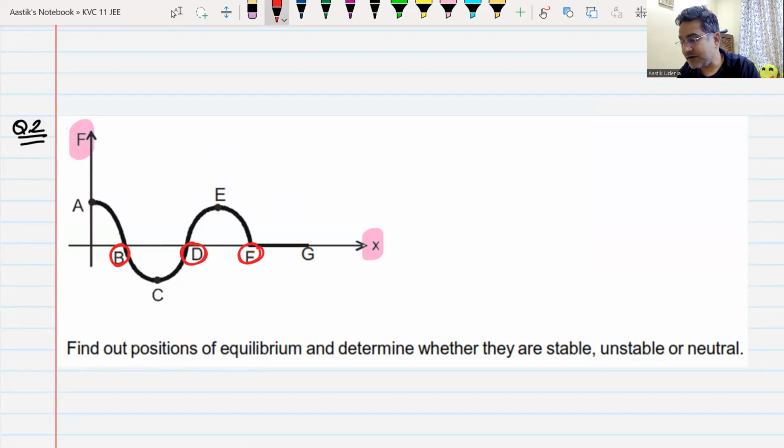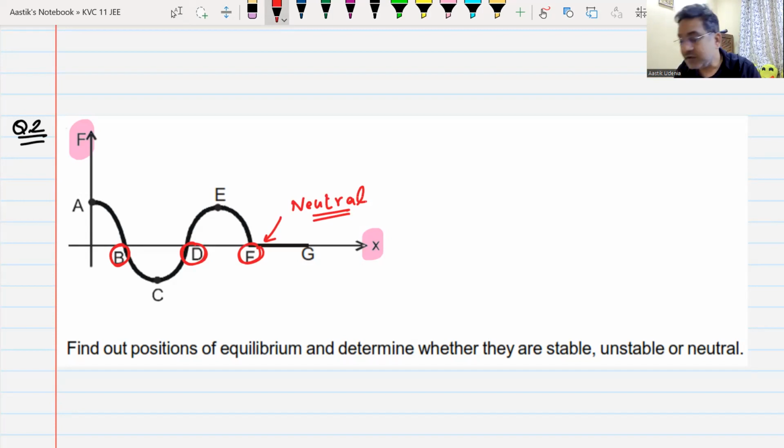Now I will have to find out what type of equilibrium exists at B or D or F. F is very simple. After F, there is no force. So F is the point of neutral equilibrium, because force remains 0 everywhere.